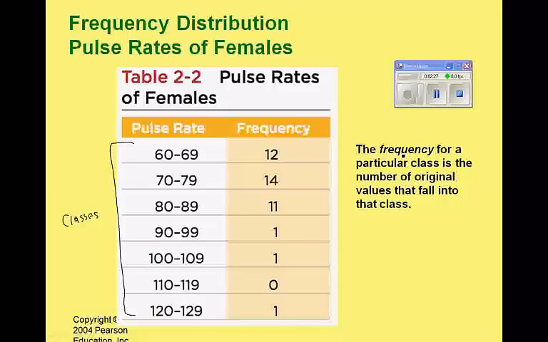And the frequency for a particular class is how many times we saw a data value in that class. So there was one person that had a pulse rate between 120 and 129. Here's the one we saw, I guess. And notice this is just females, so we want to be very careful that we label.